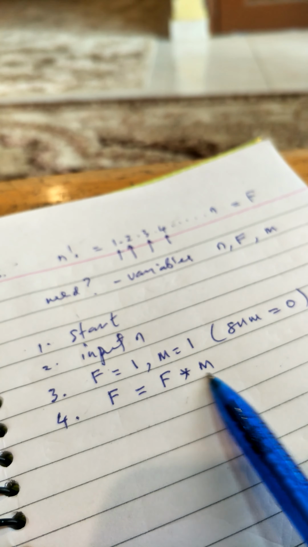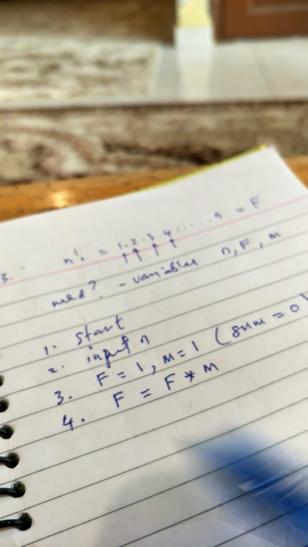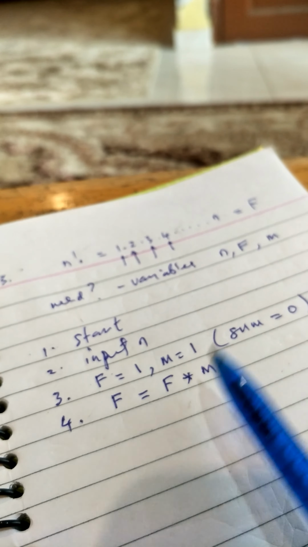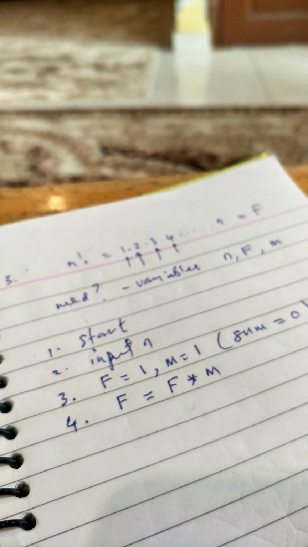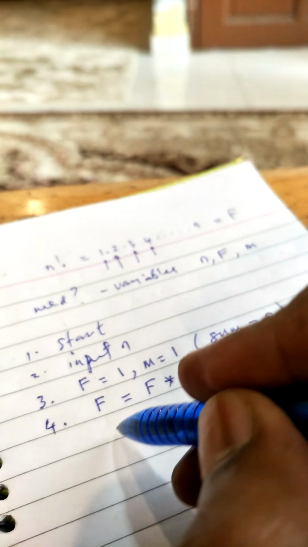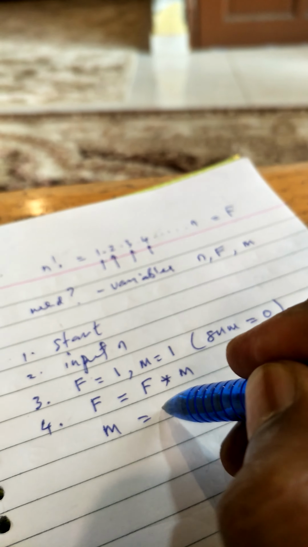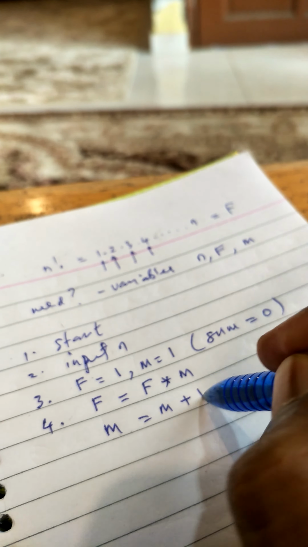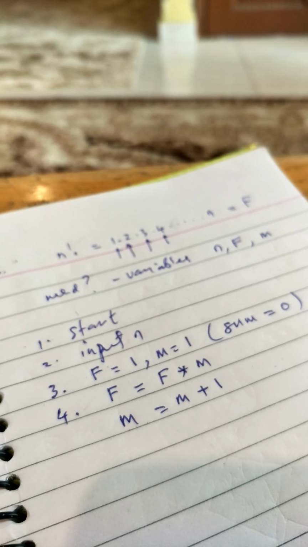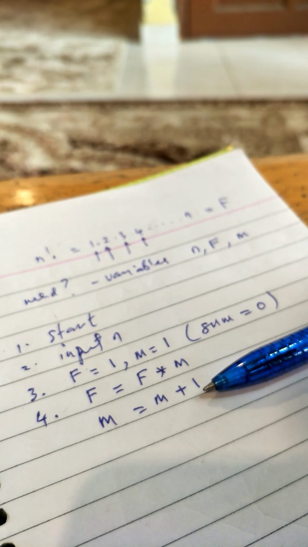Next value for m is 4, 6 times 4 is 24, and so on and so forth. So which means we need to increase m. How to increase m, and how much do we have to increase? In this case, m is equal to m plus 1. That is considered as a counter.